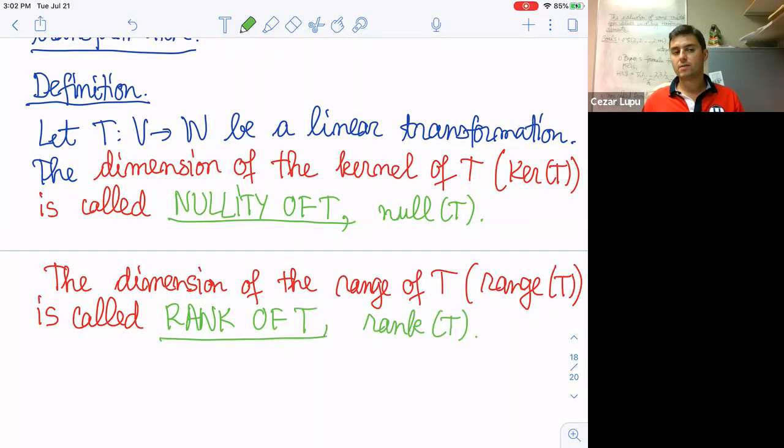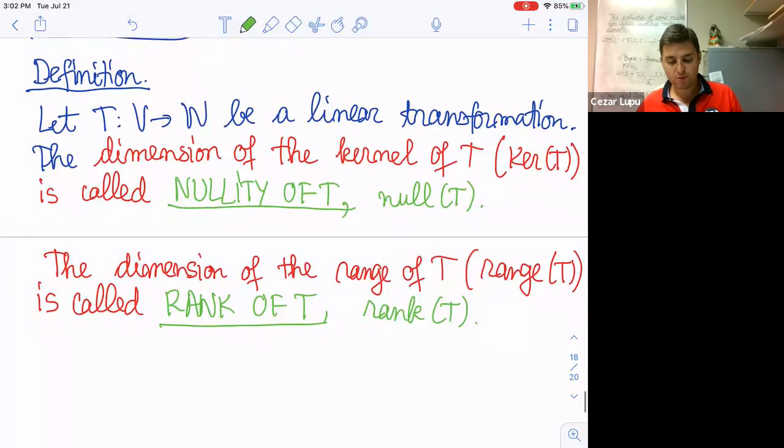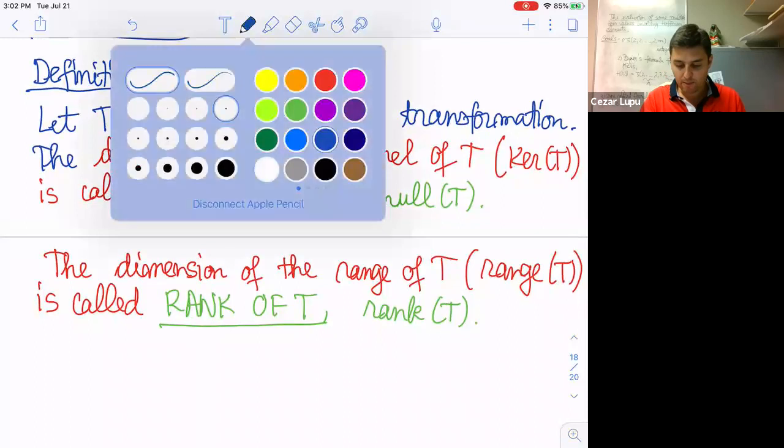Moreover, we'll have this spectacular theorem, which we will call the rank-nullity theorem.